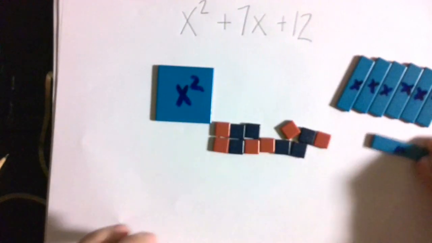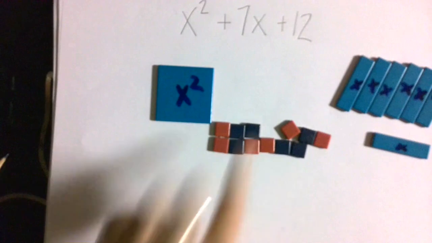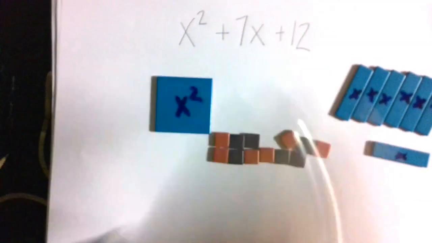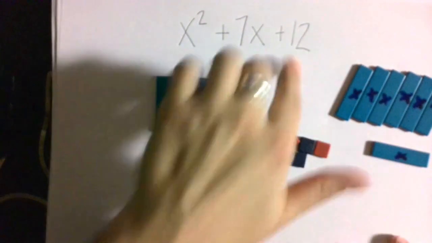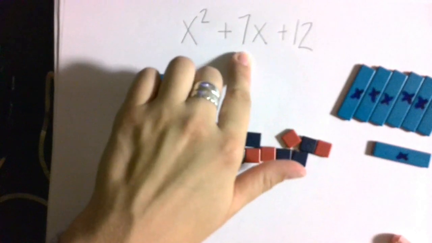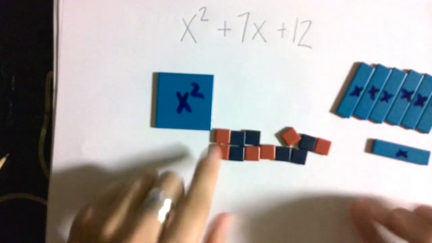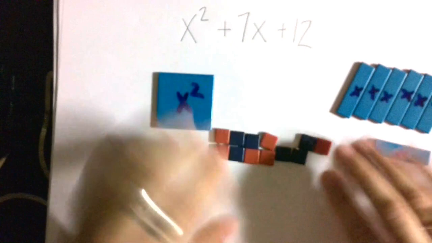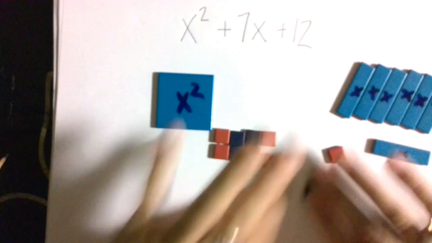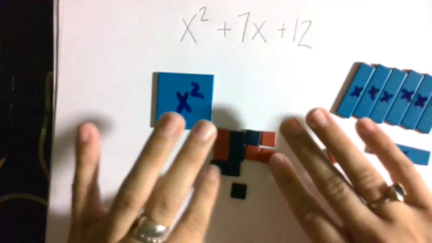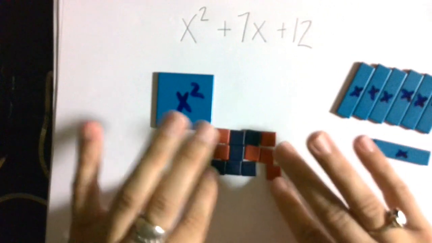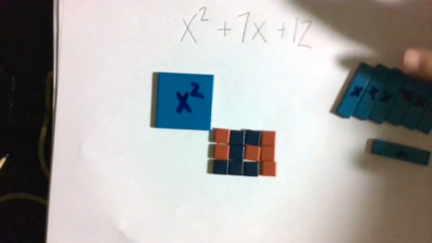Okay, so another factor that we could use is 3 and 4. And 3 and 4 makes sense, obviously, because 3 and 4 would give me my 7 here. So what I'm going to do is make this down here a 3 by 4 instead. Okay, and then I'm going to put 4 of my x's here.